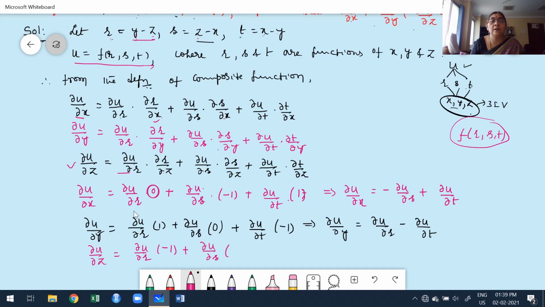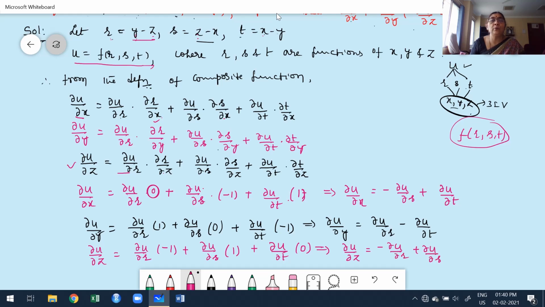Z varies, x is constant, therefore we get 1. Dou u by dou t into, it's not a function of z, therefore the partial derivative of t with respect to z is 0. This implies dou u by dou z is nothing but minus dou u by dou r plus dou u by dou s.